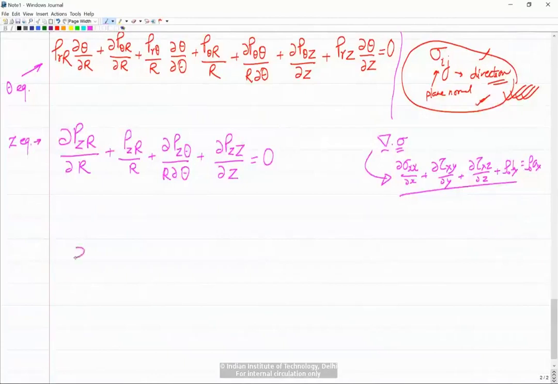So the deformed position is small x as a function of big X, right? This is what we do for kinematics. So here in cylindrical coordinate system, we will say it is small r e_r plus z e_z. So this is the position vector of any point in cylindrical coordinate system, isn't it?